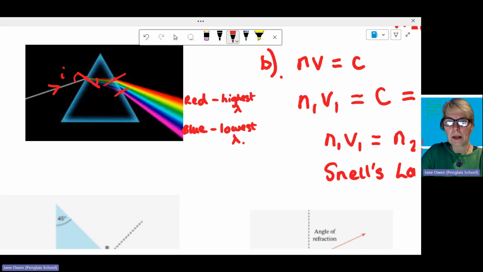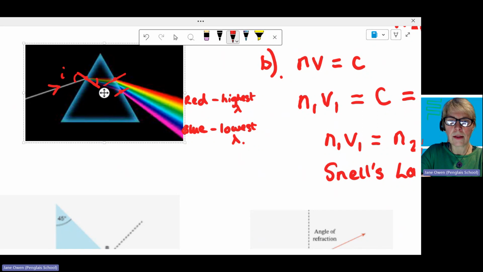Then when we get to the other end, going from the more dense medium into the less dense air, the red won't refract as much as the blue.